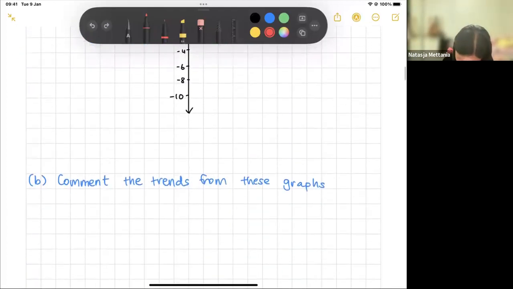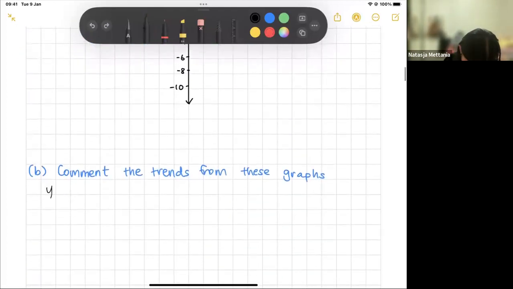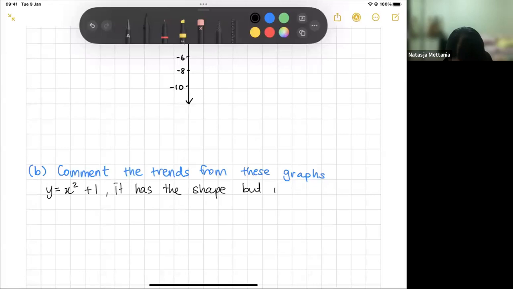So what I'm going to write down for y equals x squared plus 1, it has the same shape, okay, the same shape, but it moved up by 1.